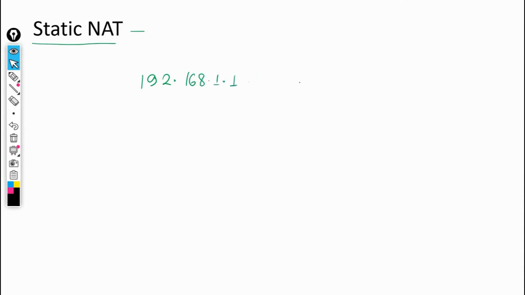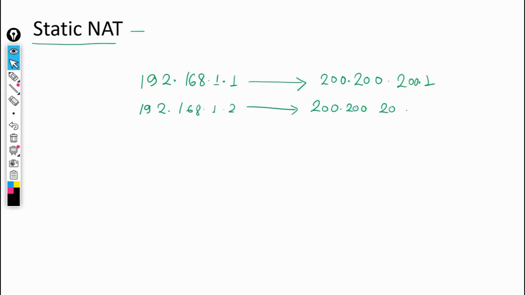Let's suppose 192.168.1.1 is being translated to 200.200.200.1. And you have one more computer in your home, 192.168.1.2, that you have translated to 200.200.200.2, right?